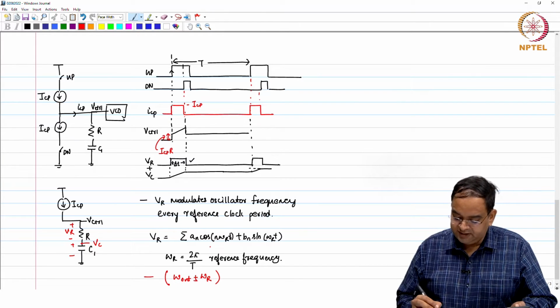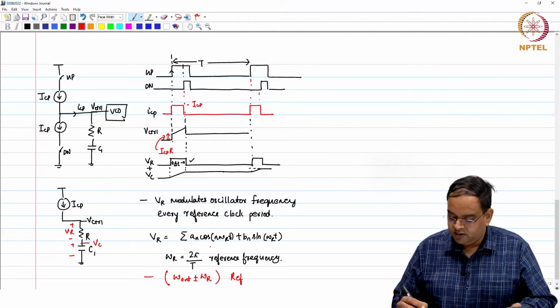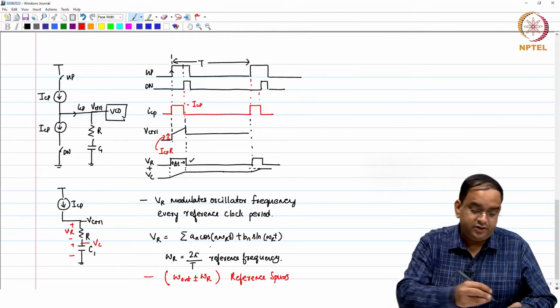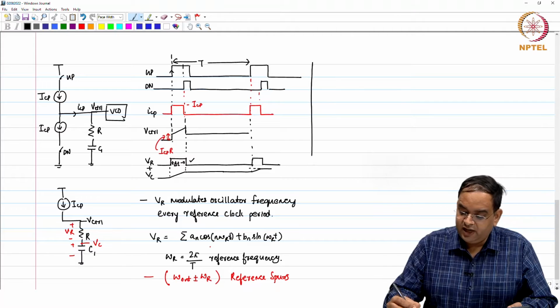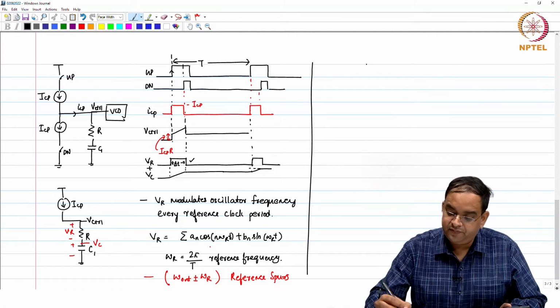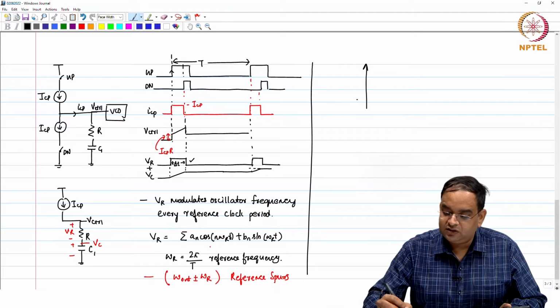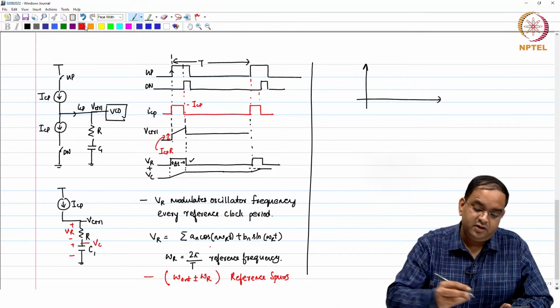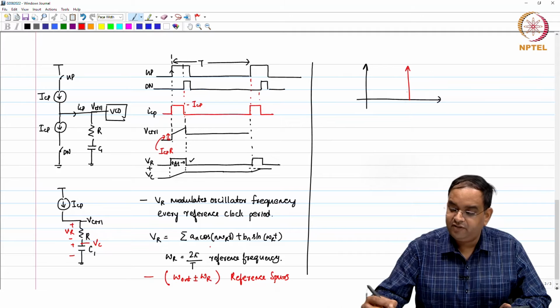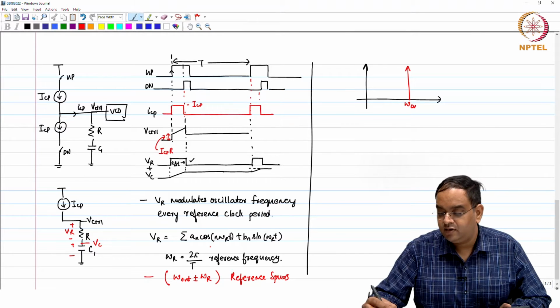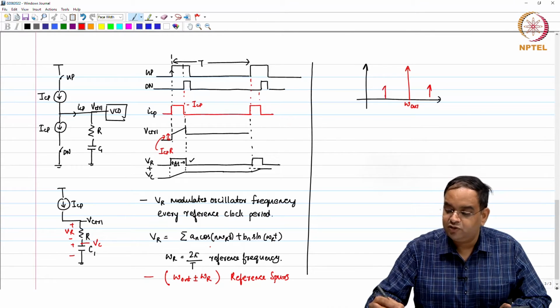And the components at omega out plus minus omega r are normally termed as reference spurs. So, if you look at the spectrum of the oscillator in a given PLL, you will find that you have your omega out and you have other components also, and one of the dominant components is omega out plus omega r, another is omega out minus omega r.